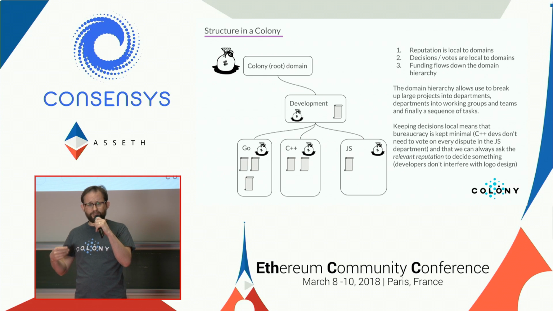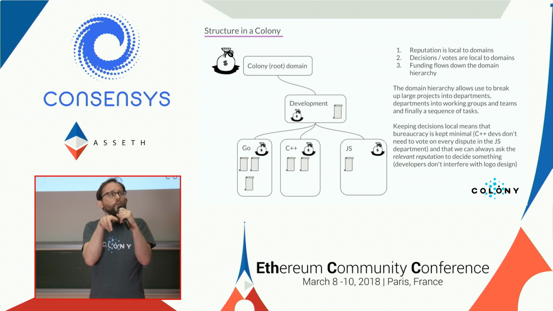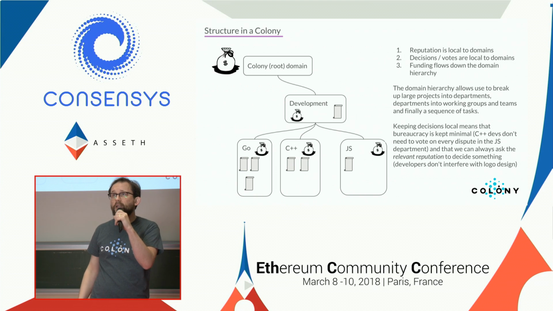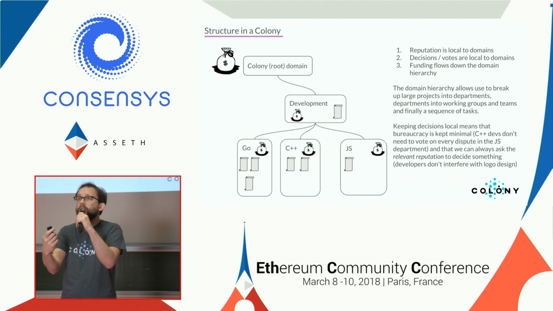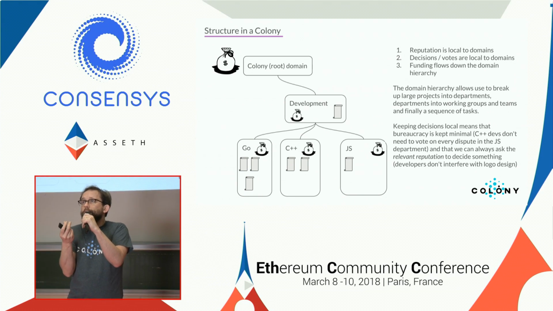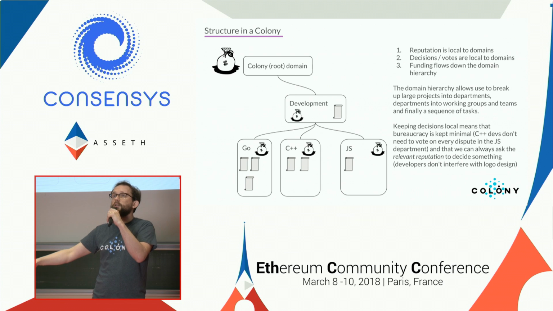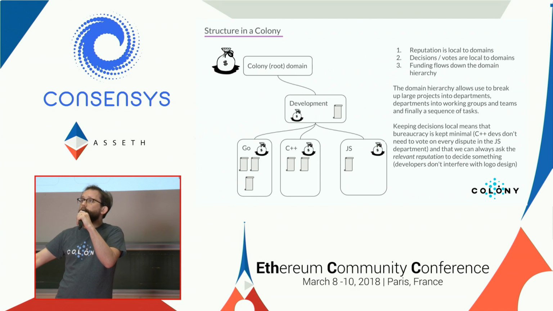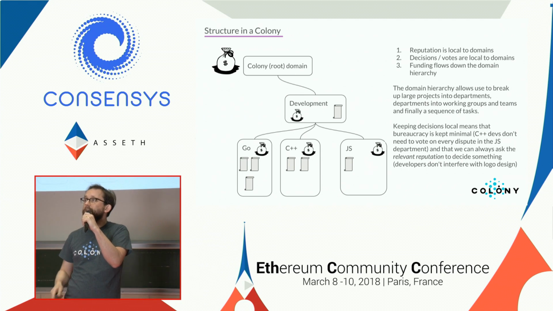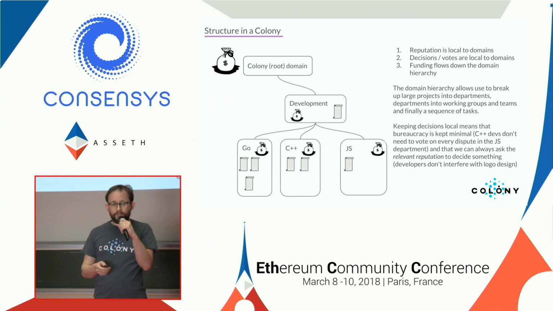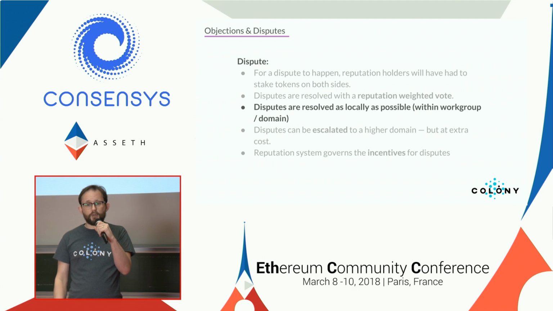And generally, when you do work in, let's say, the JavaScript domain, you will earn JavaScript reputation. That's local. Well, you will earn JavaScript reputation and development reputation and colony-wide. But when there's a dispute in the JavaScript department, it's only the JavaScript developers that get to vote on it at first. So we try to keep that as small as possible. So that's what I mean by that.